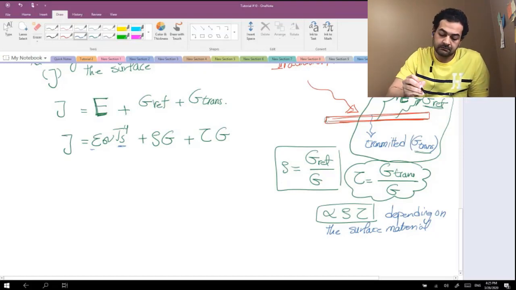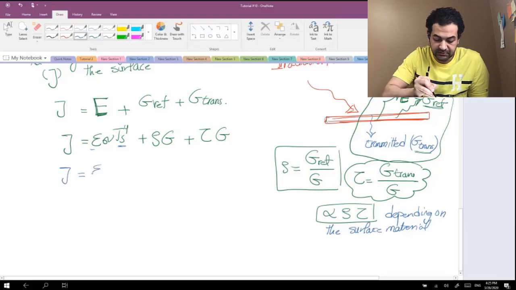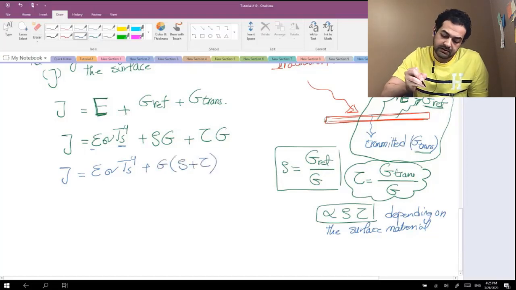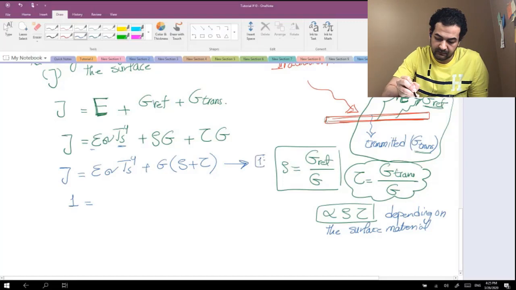So let's write it this way. I just want to do it in a general form, right? Plus we can take G as rho plus tau, right? Do you remember when I told you one is equal to rho plus tau plus alpha, then rho plus tau is going to be 1 minus alpha.